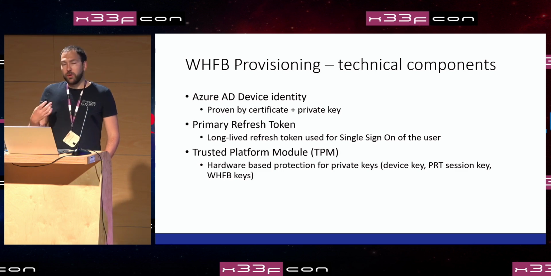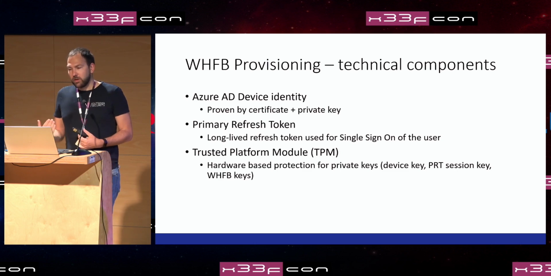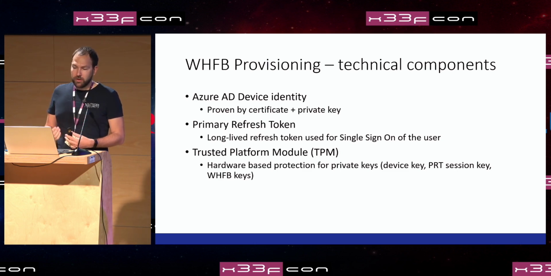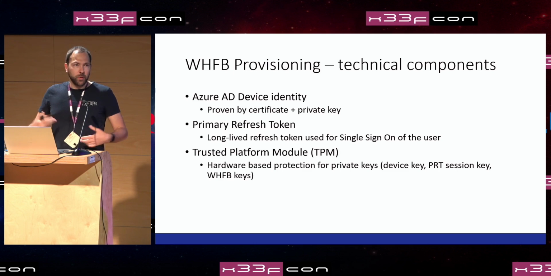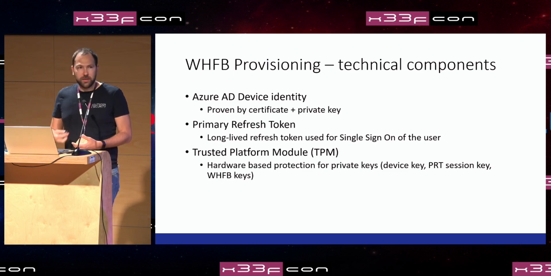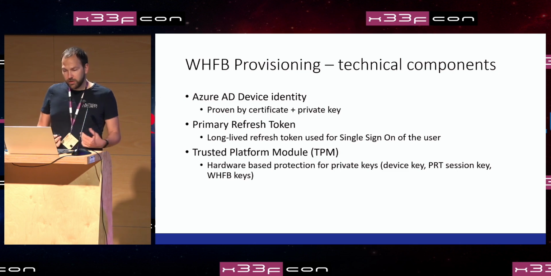For those of you who are not familiar with this, when you have a device that's connected to Azure AD, it will get a primary refresh token to do single sign-on. With these single sign-on credentials, it will sign in to any other resource. So with this, you no longer have to enter your password and do MFA, because it uses the primary refresh token.